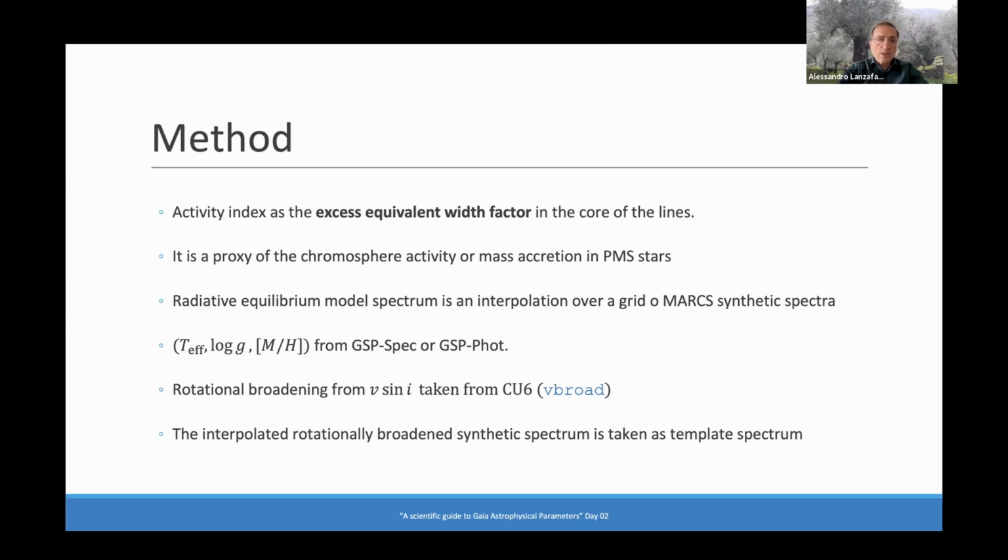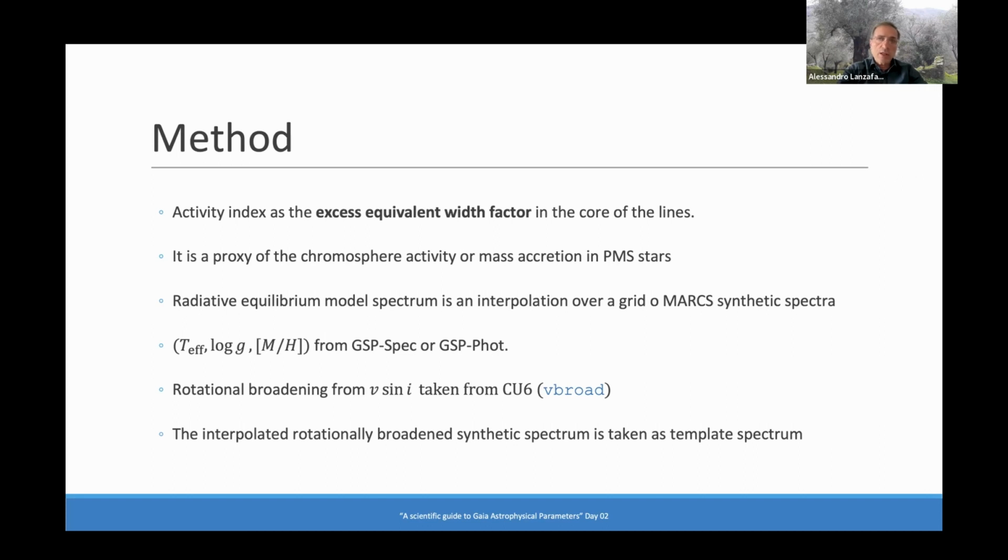As a template, we take a radiative equilibrium model spectrum as an interpolation of a grid of MARCS synthetic spectra, using the effective temperature, log G, and metallicity either from the output of GSP-Spec or GSP-Phot.